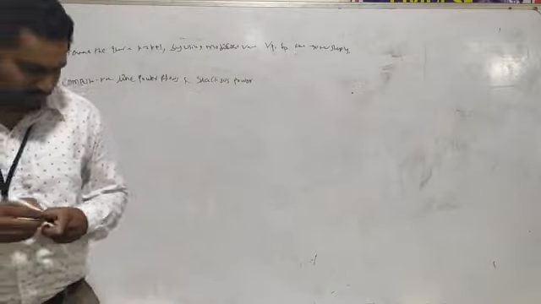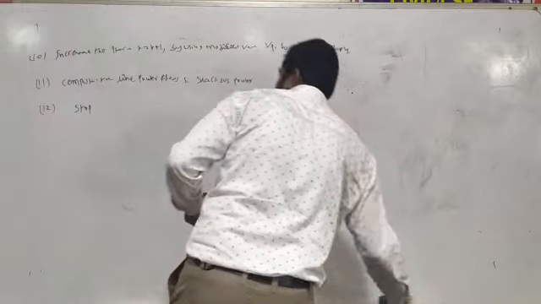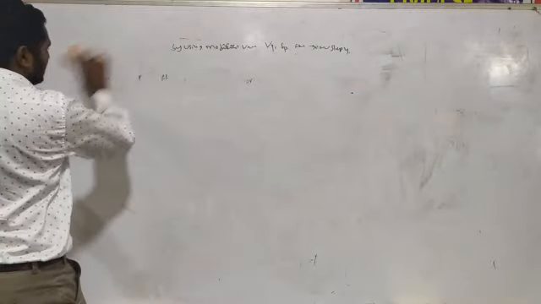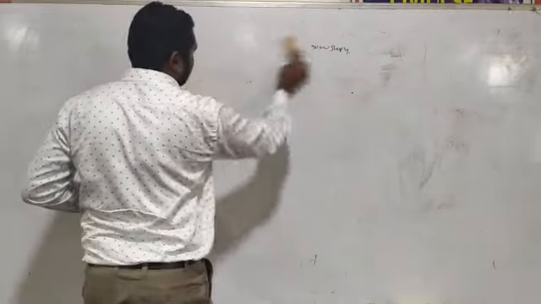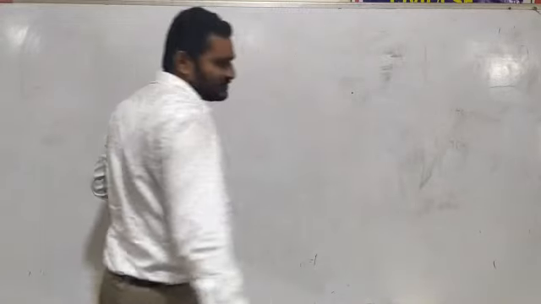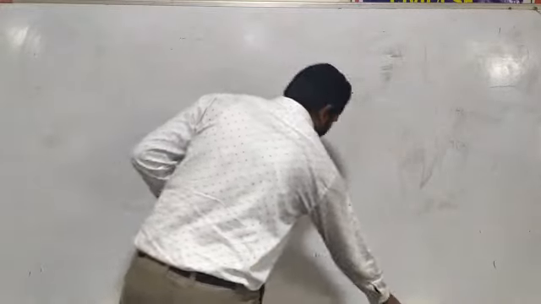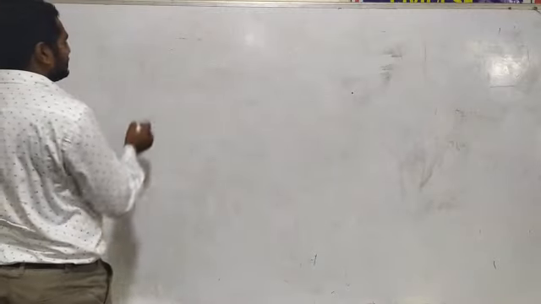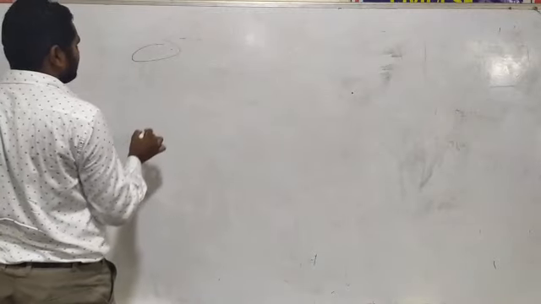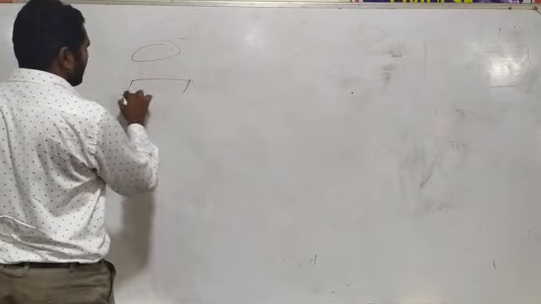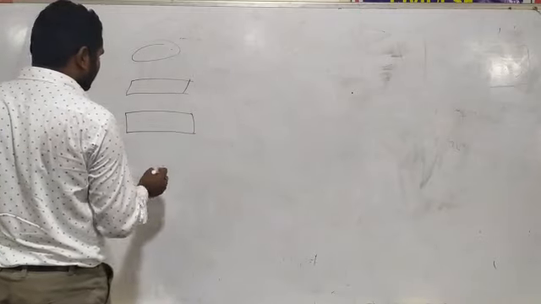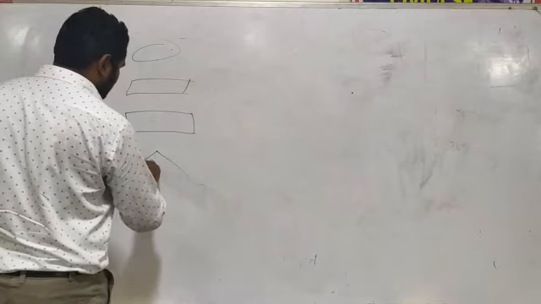Then coming to flowchart. The flowchart is a graphical representation of algorithm. That means step-by-step procedure of the given problem. So actually in flowchart we have different symbols. By using different symbols we have to draw the flowchart. That is, we have oval shape, and another one is parallelogram, and third one is rectangular form, and fourth one is diamond.